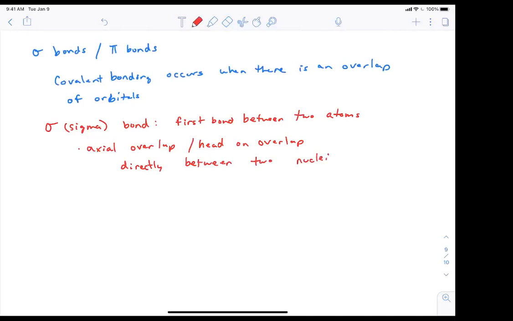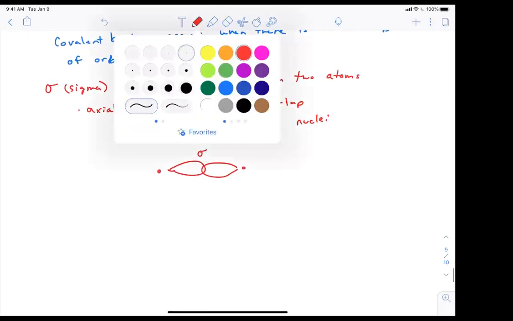So that first overlap between two nuclei, that's your sigma bond. It's between the two nuclei, and that's your first bond that occurs here.